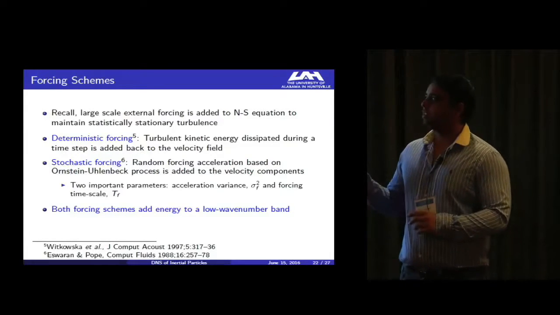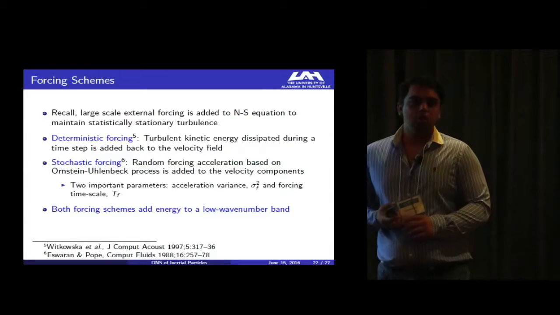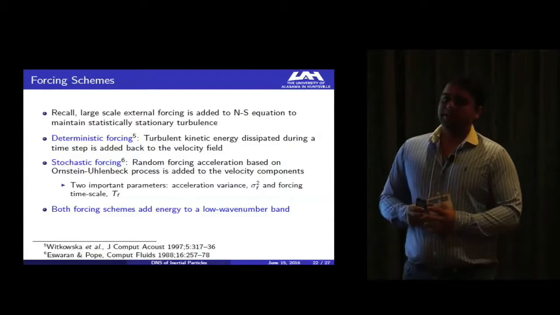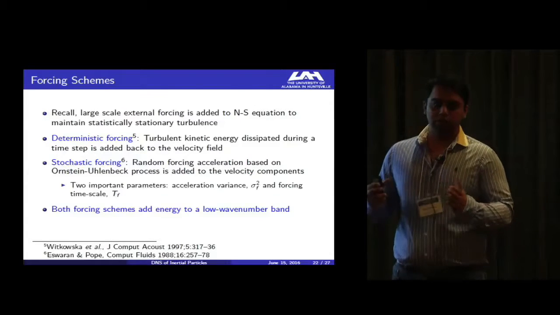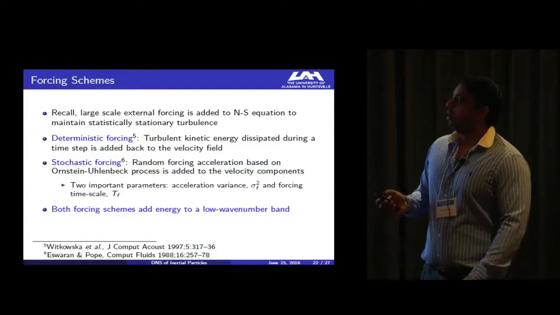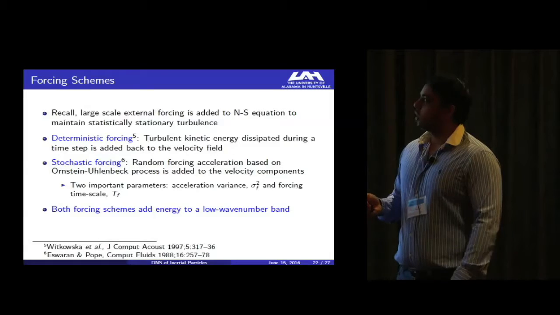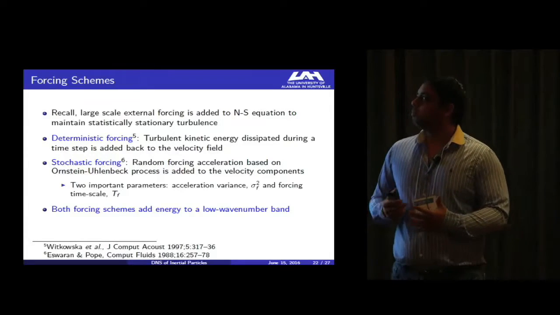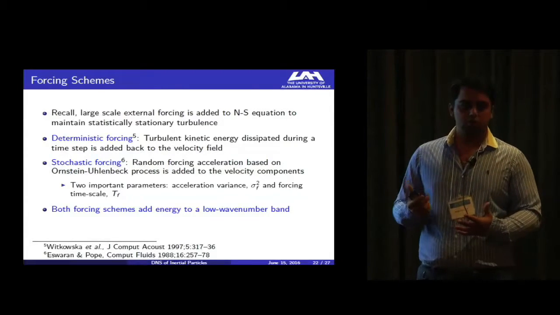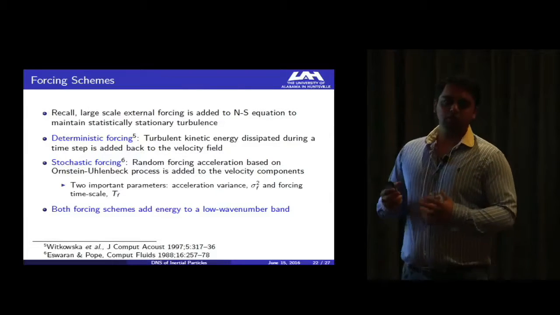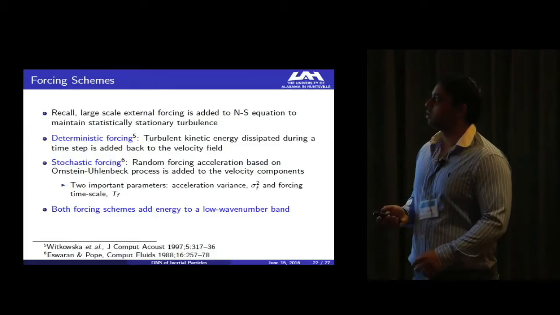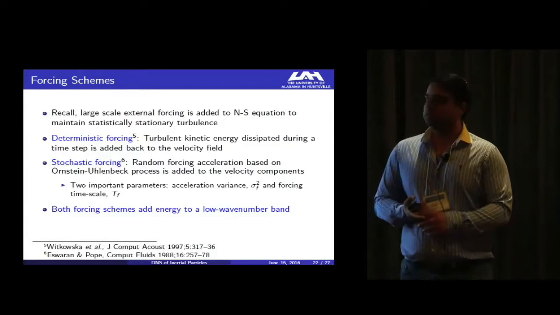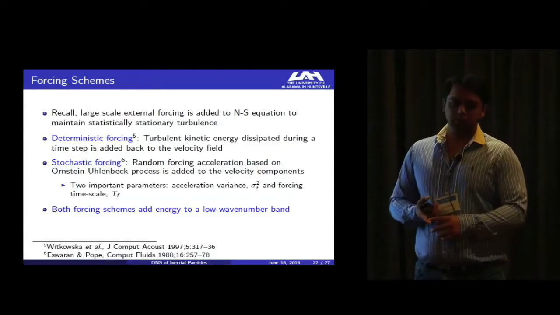The first is deterministic forcing, where the turbulent kinetic energy dissipated during a time step is added back to the large scales of the flow. The second is stochastic forcing, where random forcing accelerations based on Ornstein-Uhlenbeck processes are added to the velocity components. There are two important parameters in stochastic forcing: one is the acceleration variance, and the second is the forcing time scale.